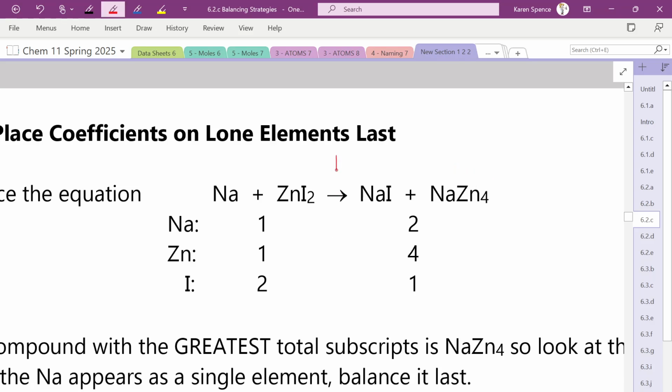I'm going to separate my reactants from my products. On the left, I have 1 Na. On the right, I have an Na and another Na, so that's 2 Nas. We have 1 zinc, and we have 4 zincs. We have 2 Is, and we have 1 I.